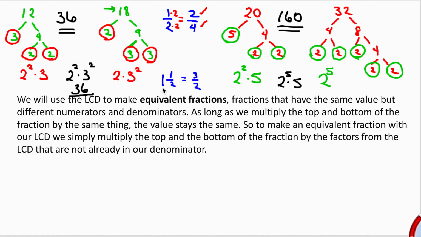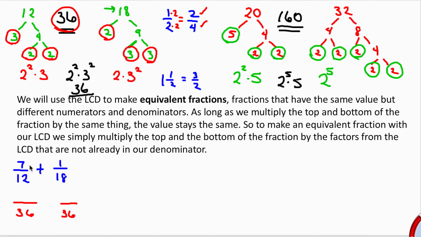So let's take these 2 denominators, and let's say we had 7/12 and 1/18, and I'm going to add them. I need to find my common denominator, which we already found. So I want to make both of these numbers have that denominator.